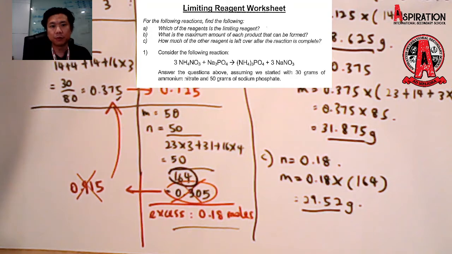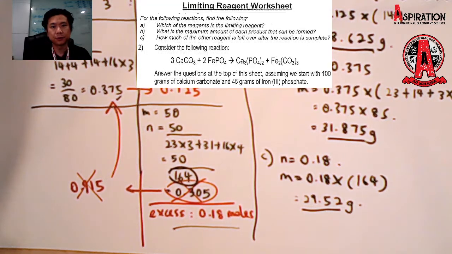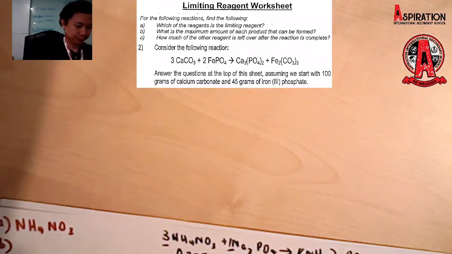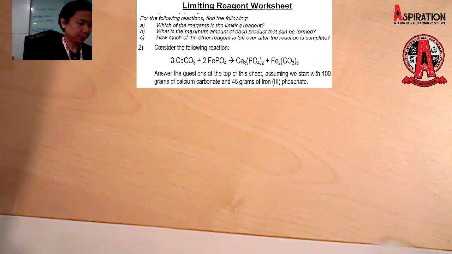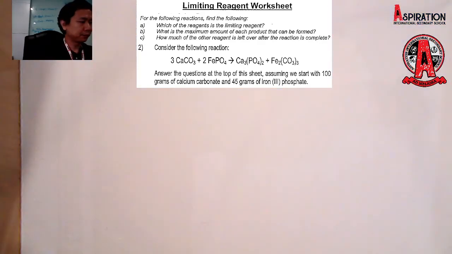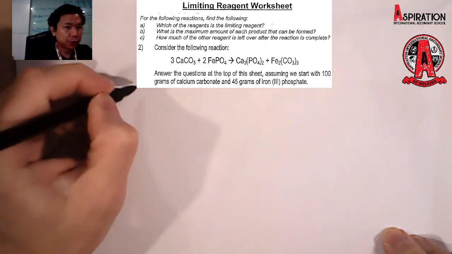Okay, let's move on to question 2. So this is question 2. It's essentially the same thing. I feel more comfortable writing out the equation even though it's already there.